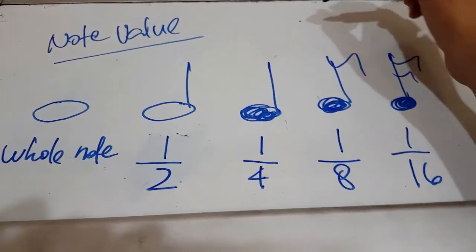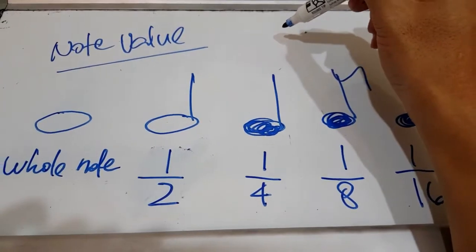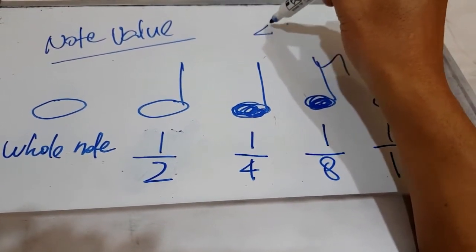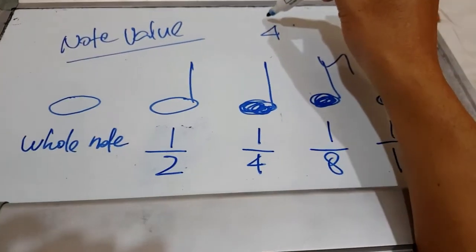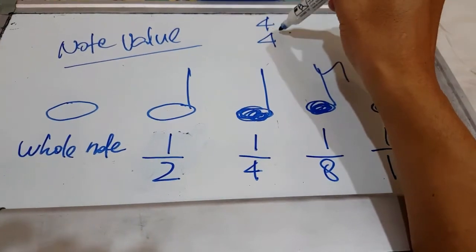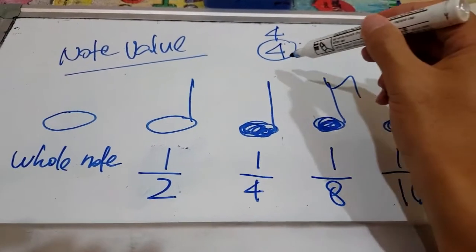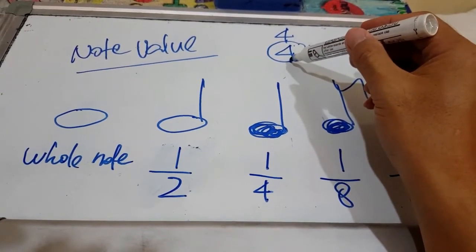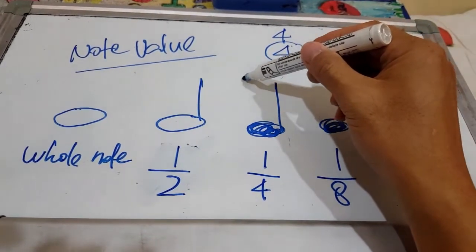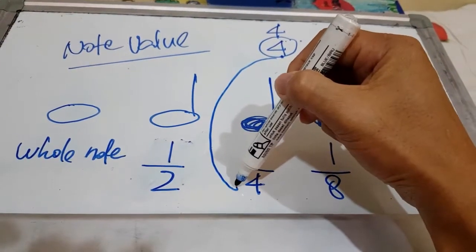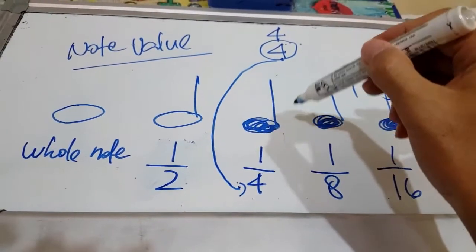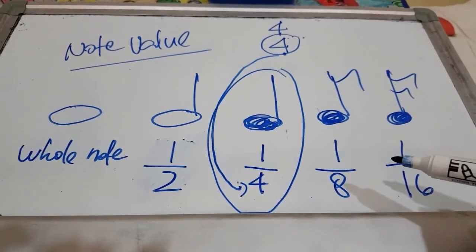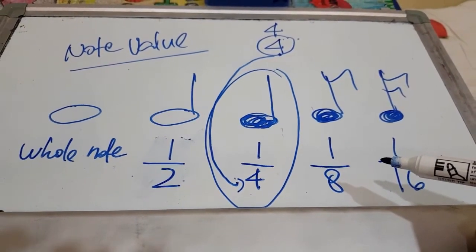So if the number at the bottom goes with 4, it means the value of each beat goes to this here. It means the value of each beat is a quarter note.